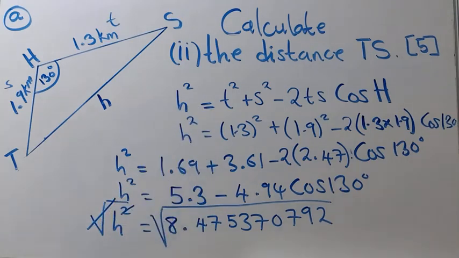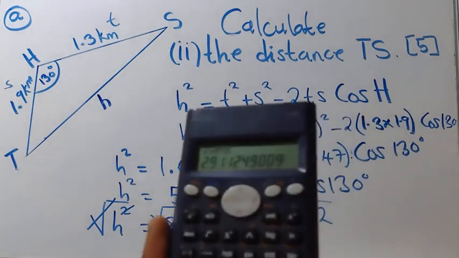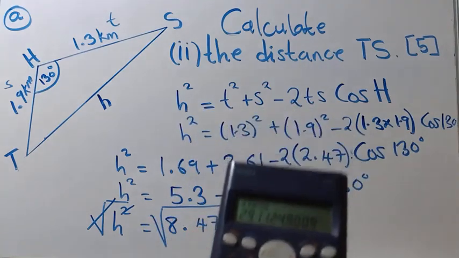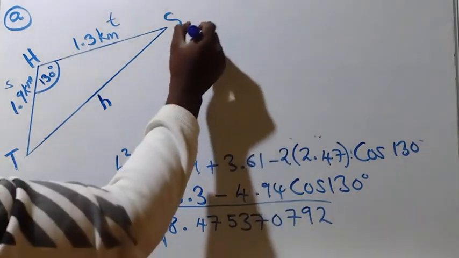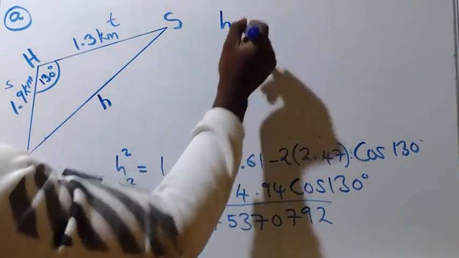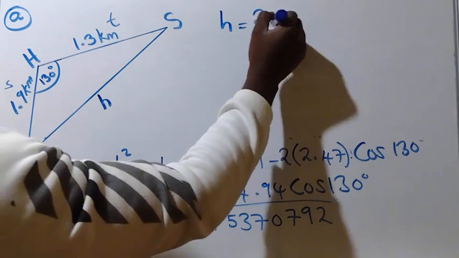This is what you are going to write. I hope you are able to see my answer right here. Alright, so I'm writing my answer. I'll say h is equal to, what is my answer?